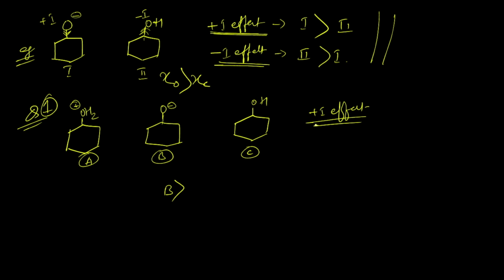If the question asks based on plus I effect, you have to give the answer accordingly. Here one is neutral and the other has a positive charge. Neutral has some electron density which can be donated, but positive does not have any electron density, so it won't donate, rather it will take back. So C has the greater plus I effect, and then A, because A has maximum electron deficiency on oxygen, so it can't donate. So your trend will be B > C > A.